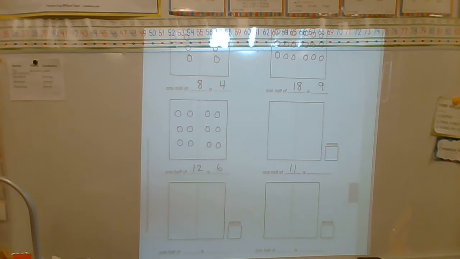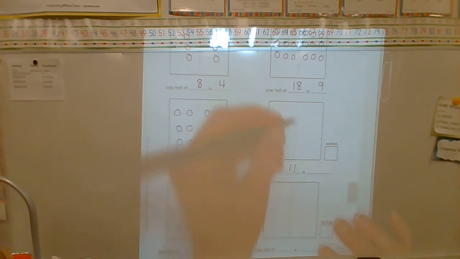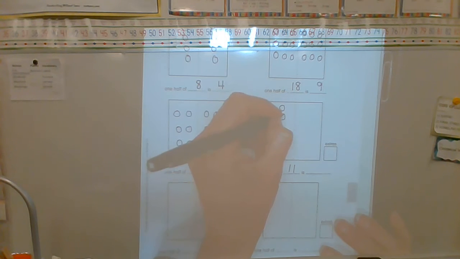What number comes right before 11 when I'm counting? That's right, it's 10. Think of a doubles problem where the answer is 10, and write that down. Draw a picture to represent. What is the doubles problem? That's right, 5 plus 5.